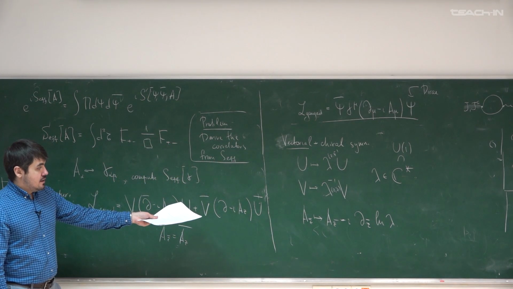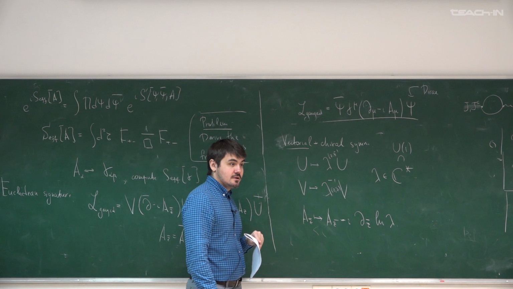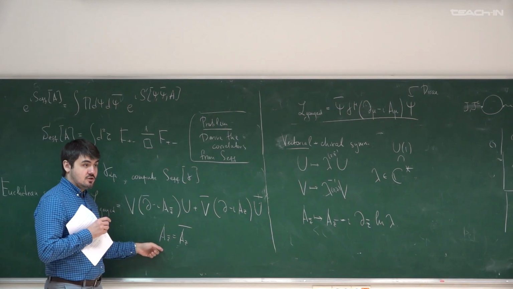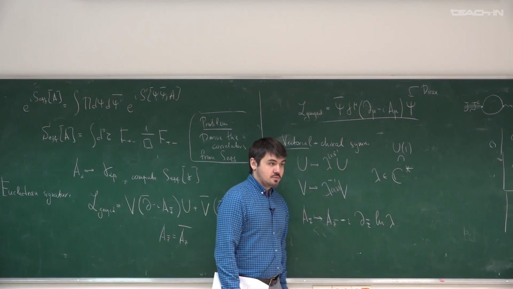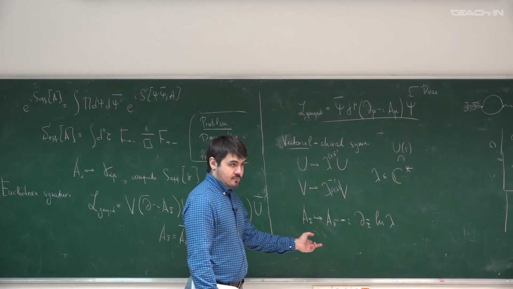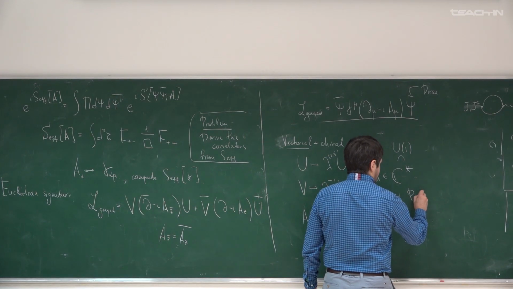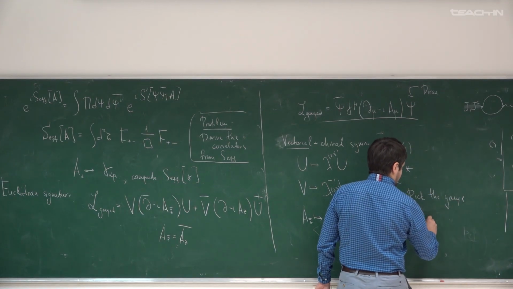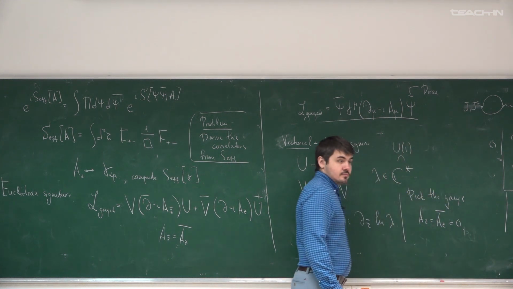But suppose there is no anomaly, so this is true quantum mechanically. Then you have one complex component of the gauge field and one complex gauge parameter. So you can actually gauge away your gauge field completely. You can pick a gauge where this is 0.